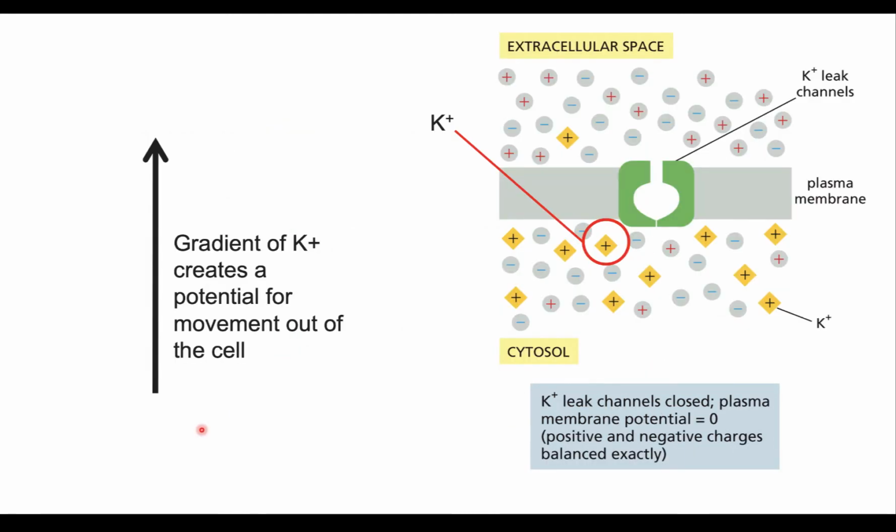In our cells, it is potassium that creates the membrane potential. To begin, potassium is at a higher concentration inside the cell than outside the cell, and there's no difference in the distribution of charge. So we would say that the membrane potential at this point is 0, no difference in charge, nothing we can measure.